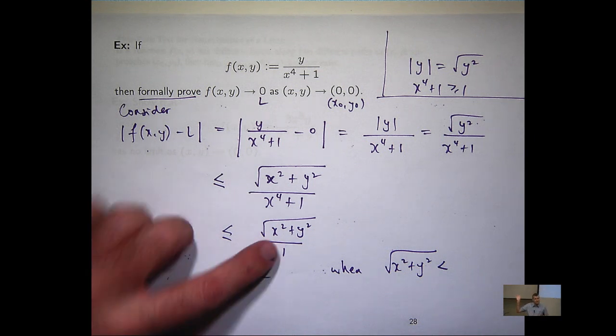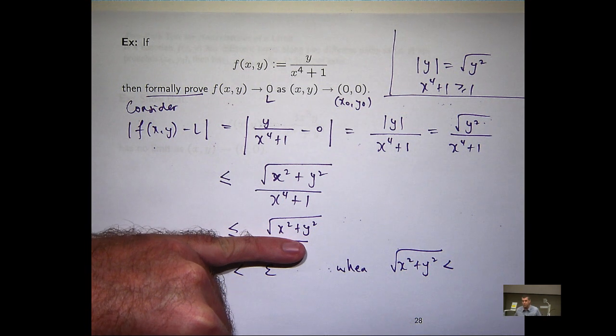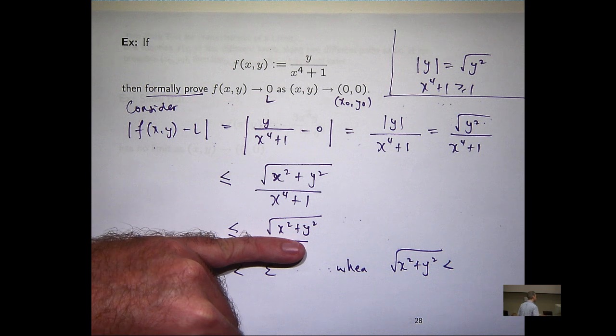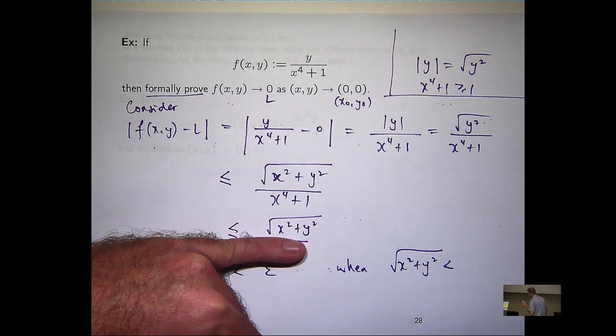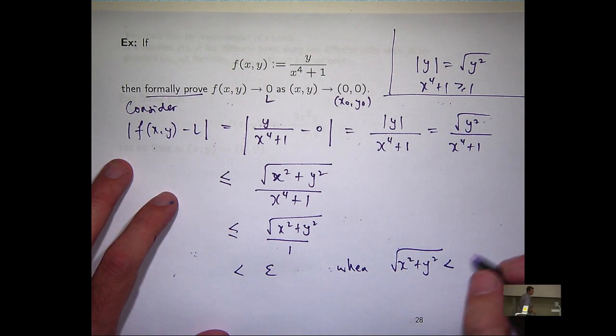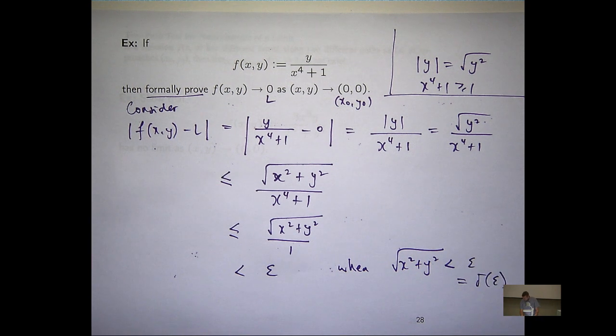Oh, maybe if I cover that up, it's a bit easier. Root x squared plus y squared is less than epsilon when root x squared plus y squared is less than, oh, epsilon, yes. Right. So that's what I choose. I'm going to choose my delta just to be epsilon, okay? Now, you might think that's a bit confusing, but remember, you're constructing delta and it's going to depend on epsilon.